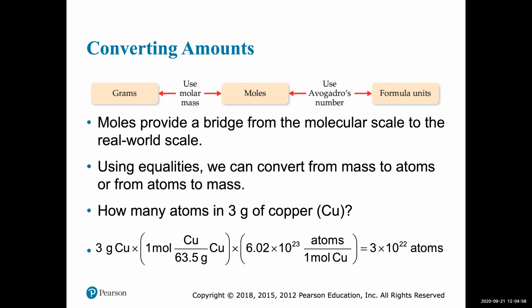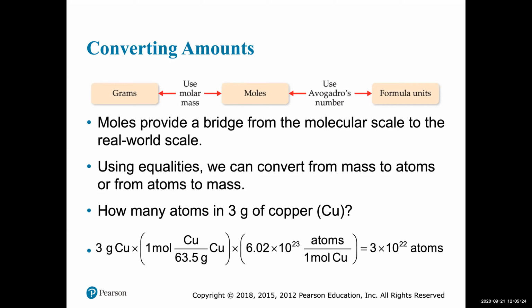So 3 grams of copper, we'd want to convert that to moles of copper. So we would have moles in the numerator, and in the denominator, we'd have grams. So here we see 3, and then times 1 over 63.5 grams. Where did that 63.5 grams come from? The periodic table, copper's atomic weight.